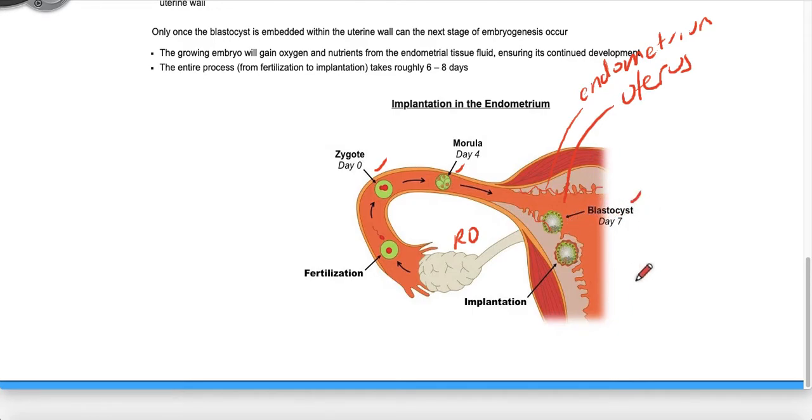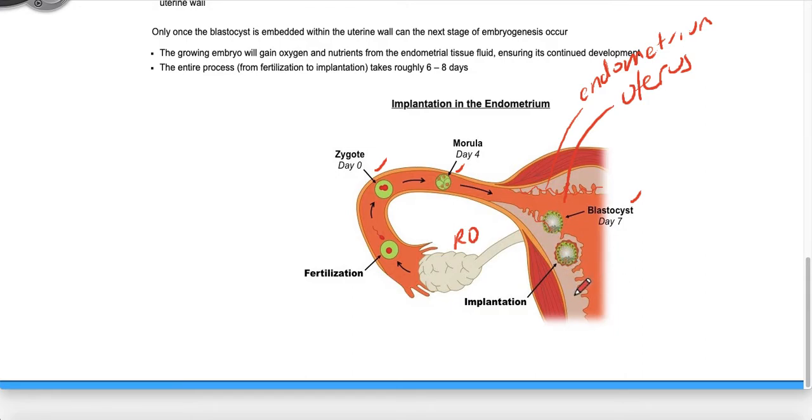So sometime around day 7, we see the blastocyst implanting itself onto the endometrial wall. And it does this because it degrades its jelly coat that surrounds the blastocyst, and it releases enzymes that will allow the blastocyst to implant itself onto the endometrial wall.